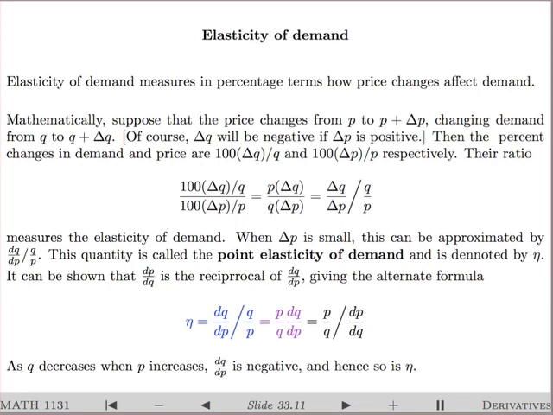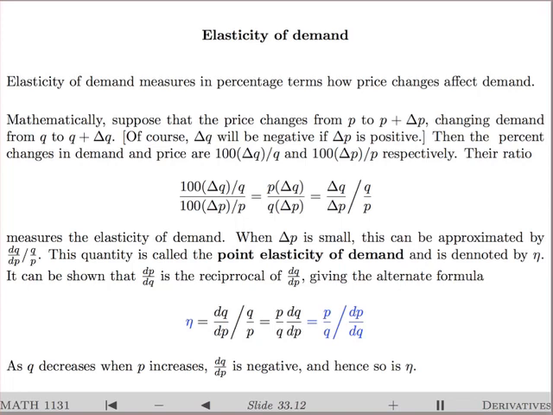It turns out that inverse functions have derivatives which are reciprocals of each other. So dP over dQ is the reciprocal of dQ over dP, which means multiplying by dQ over dP is the same as dividing by dP over dQ. This gives us our alternate formula for eta. Eta equals P over Q divided by dP over dQ.